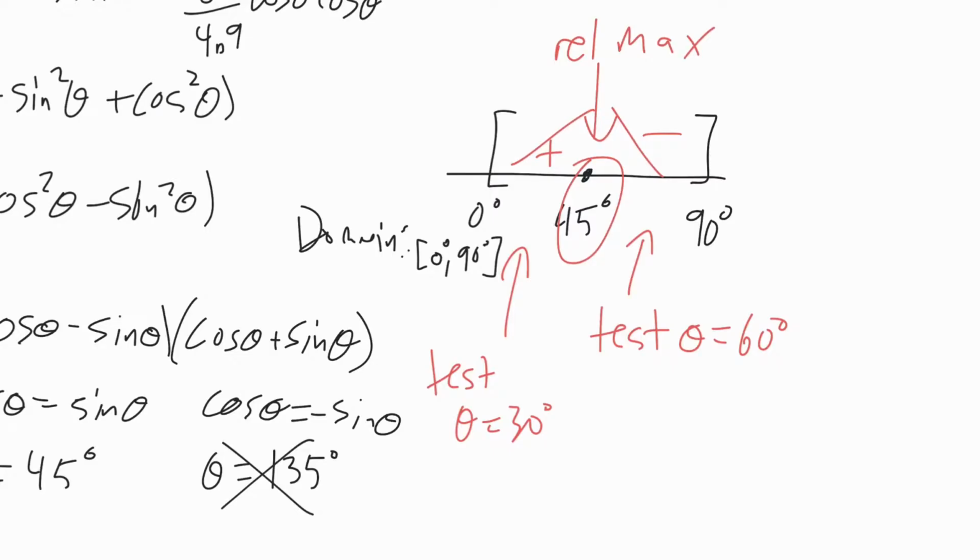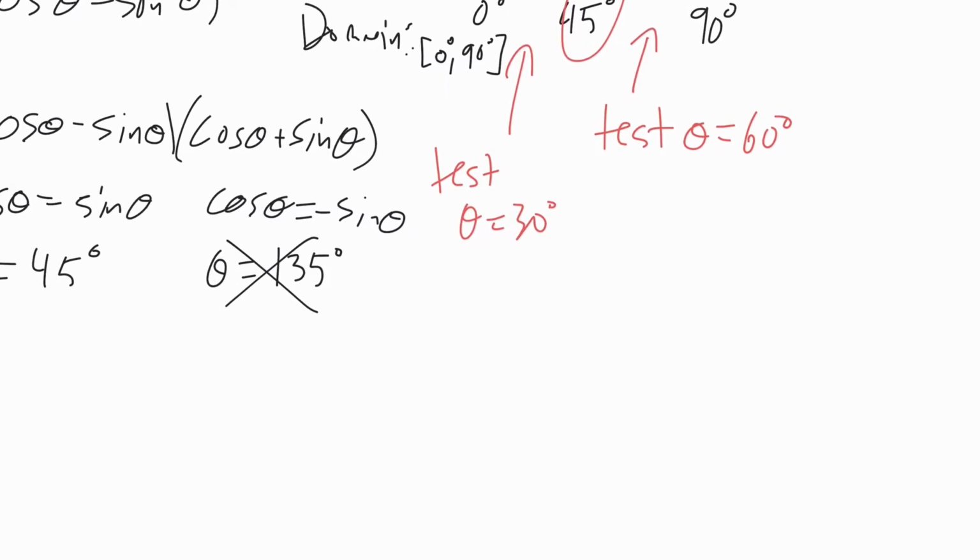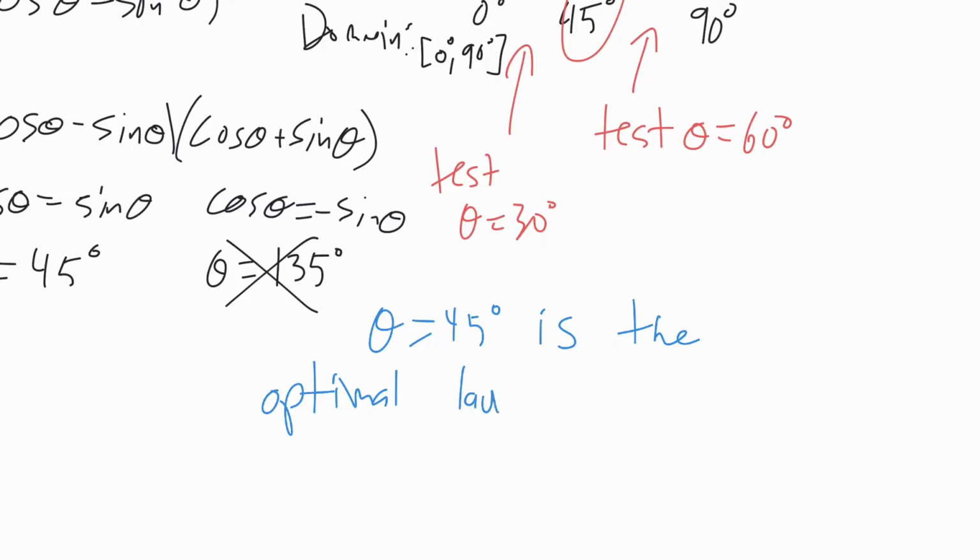So we can then say that theta equals 45 degrees is the optimal launch angle. And, well, there you go. We've been able to determine the optimal launch angle as 45.